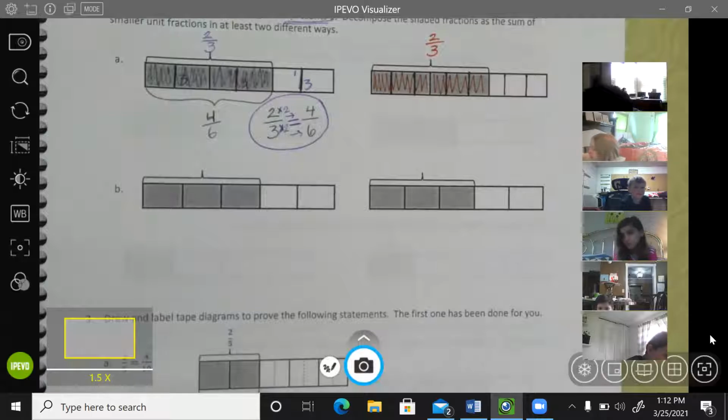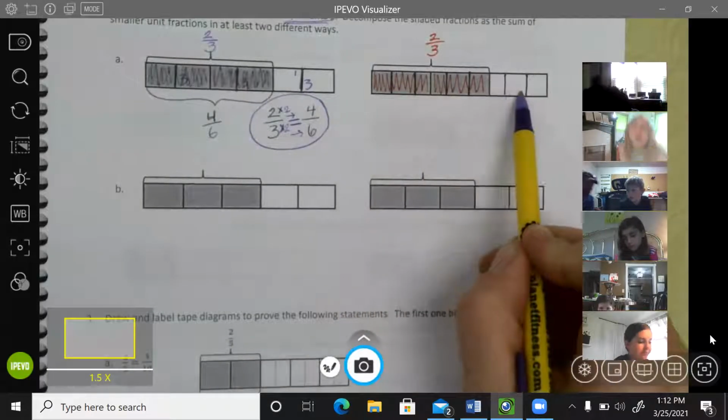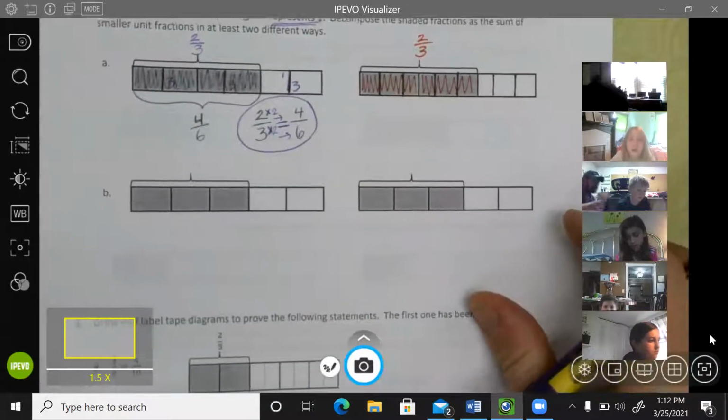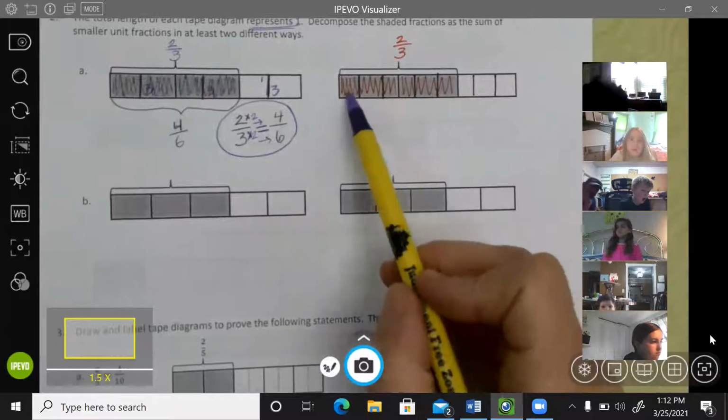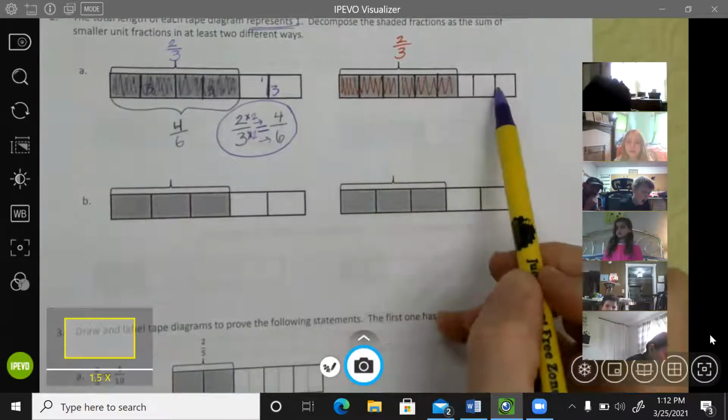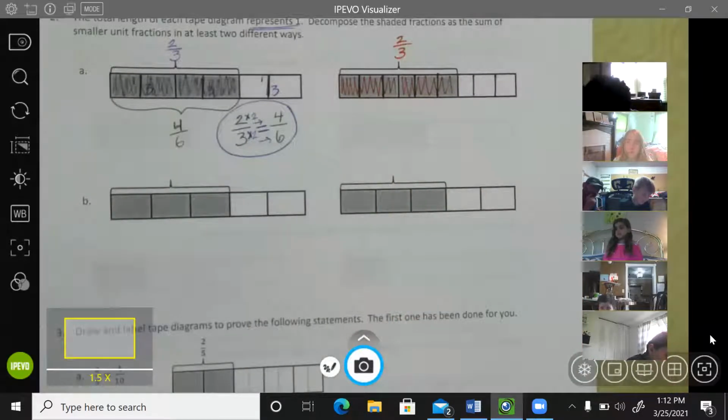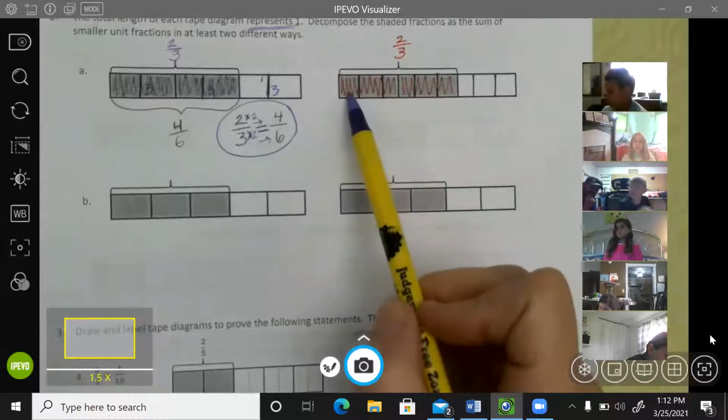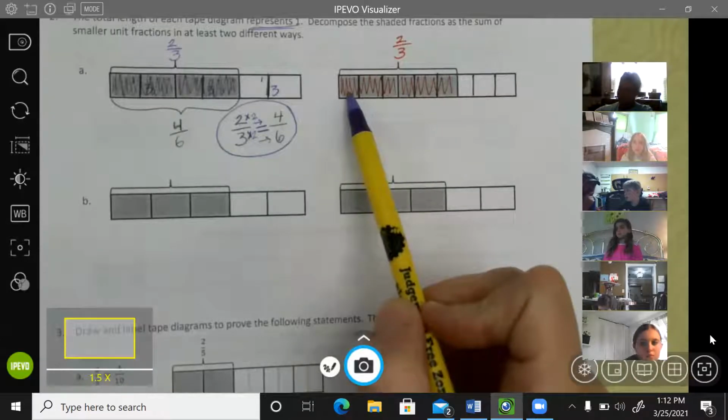Now, Sophia, each of these squares represents what fraction? They represent 1/9.